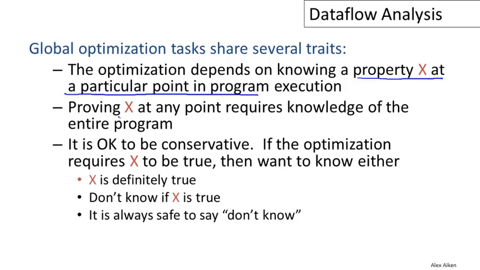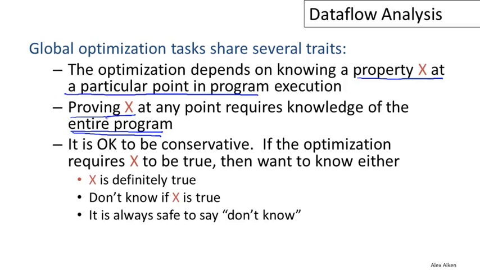Now, however, even though we want to know some local fact, something that's specific to a particular point in the program, proving this fact requires knowledge of the entire program, or at least the entire control flow graph. As we saw in the case of constant propagation, to figure out whether X is a constant at a particular point in the program requires reasoning about all the paths that lead to that statement, and that is a global property.